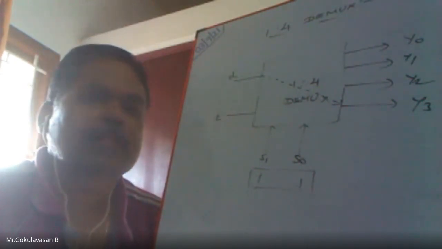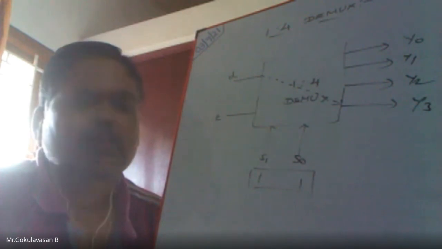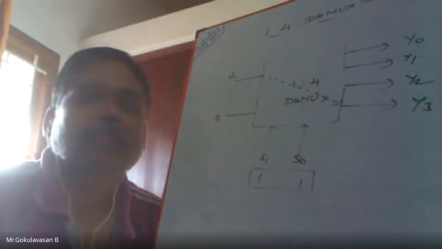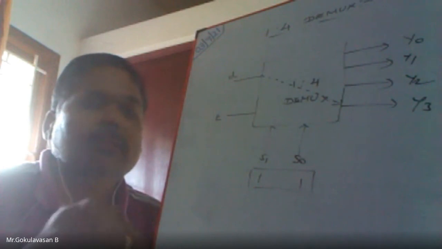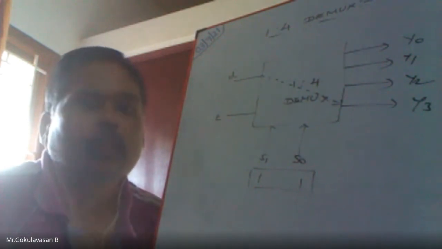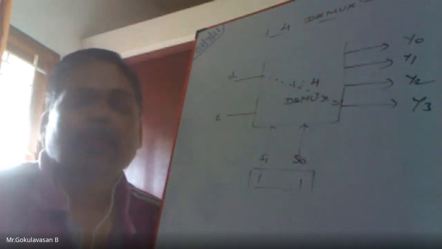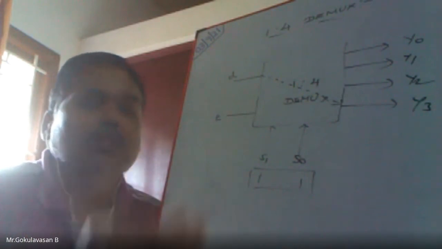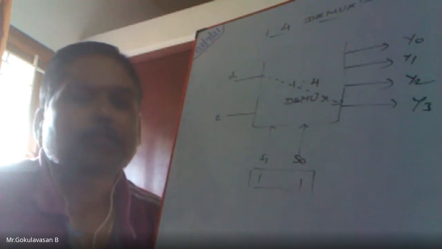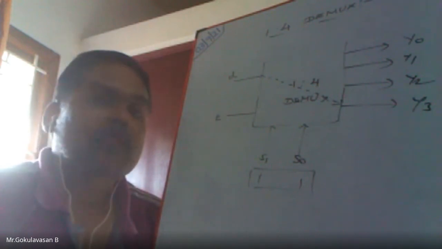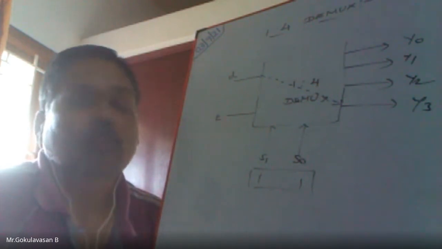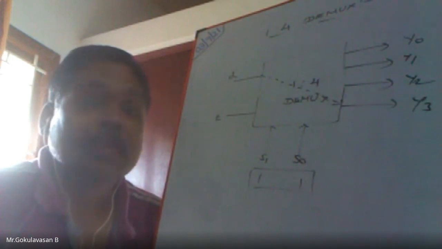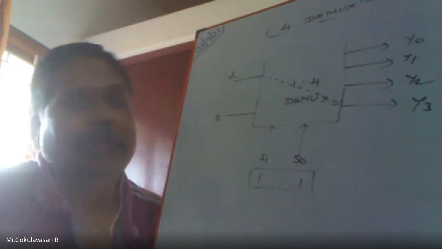In computer science engineering, normally they will speak about packets, data they will be sending by means of packets, right? So along with that particular packet, they will send one extra bit, which we call the parity bit, to find whether there is any error in the sending data.